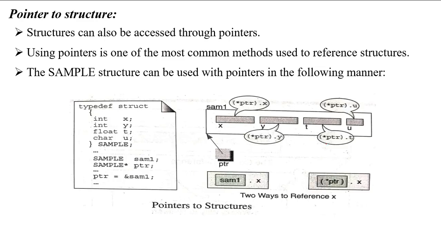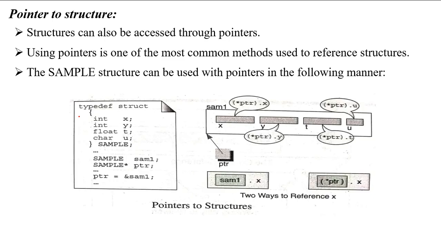this x, y, t, u? Like this: (*ptr).x will become your x field, (*ptr).y will become your y field from the sample structure, (*ptr).t will become your t field from your structure, and (*ptr).u will become your character field, that is the u field from your structure SAM1.